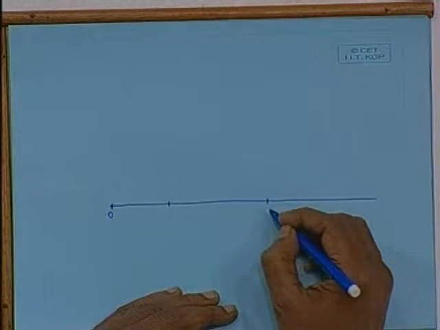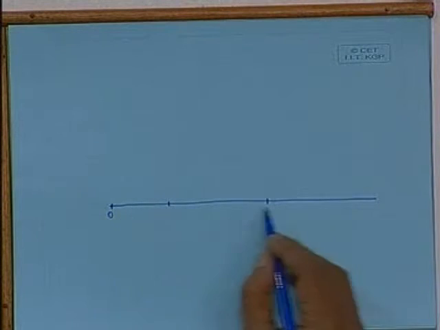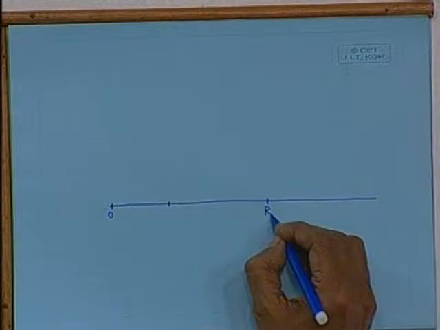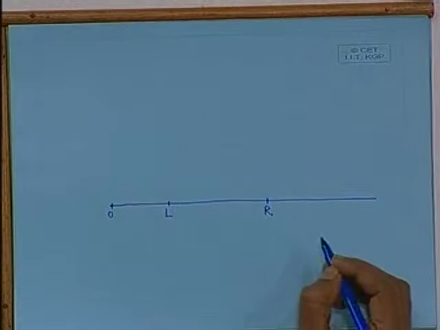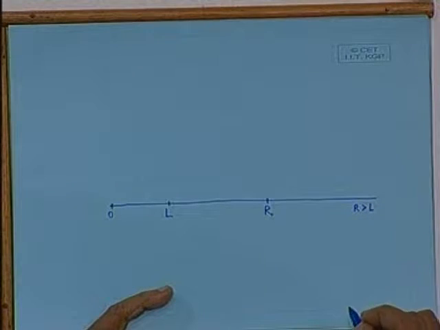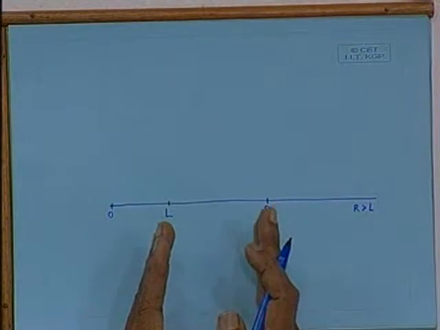That means if this is my resistance and this is my load, then resistance is more than load. Here in this case R is greater than load. Therefore, the vessel is safe. This is a deterministic approach.